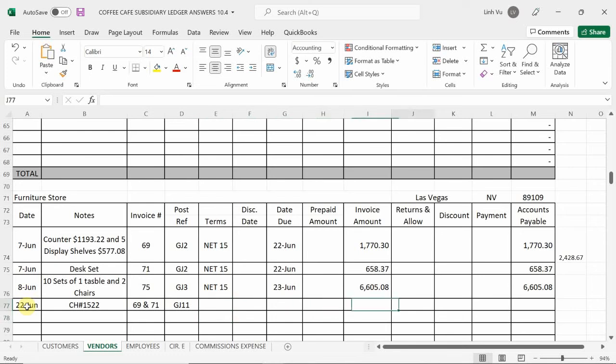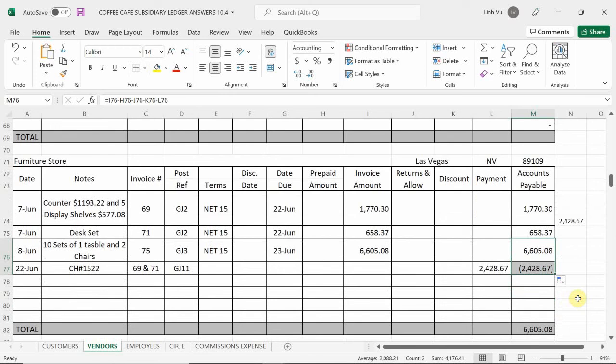And all I have to do is just fill in the payment section for the 24, 28, 67. Which will give me a running balance of the 660,508, which is just the bistro tables and chairs.